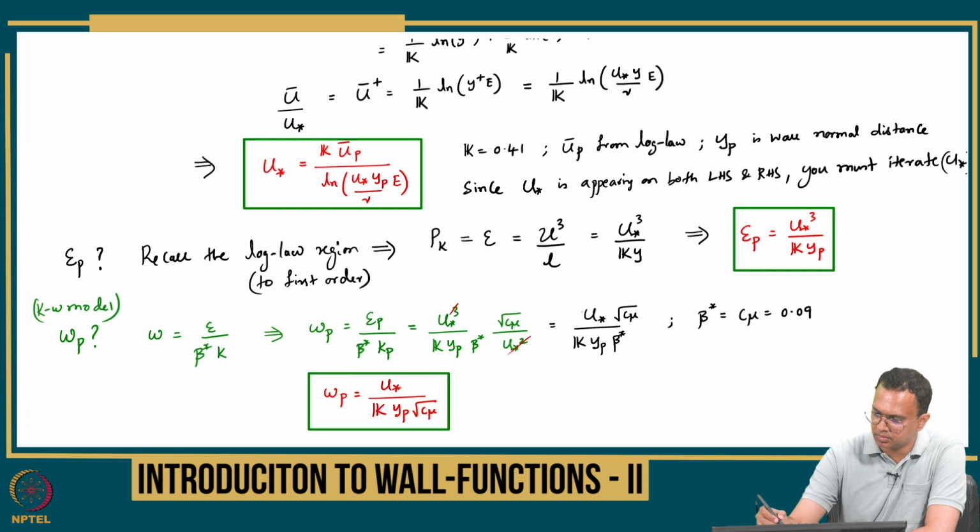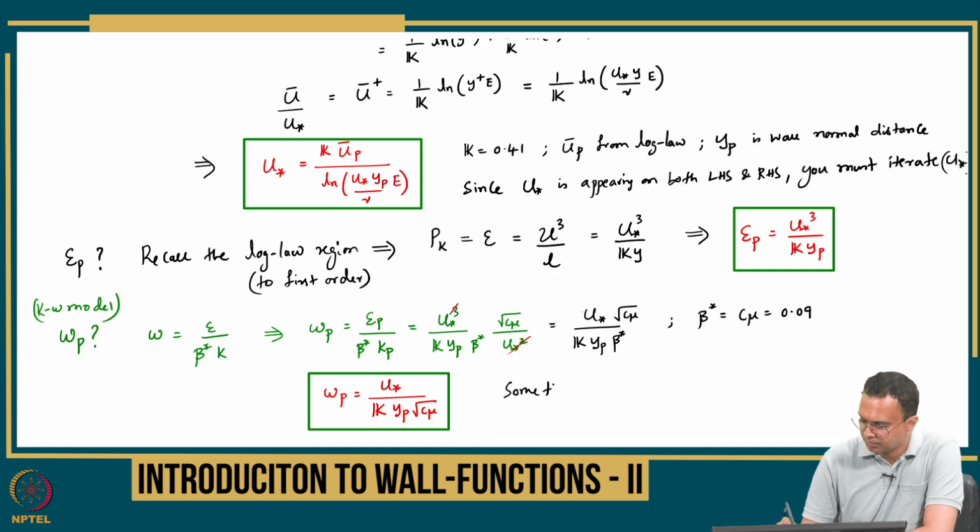Sometimes omega p is simply considered as epsilon p by kp itself, which will give you u star square root of c mu by kappa yp.